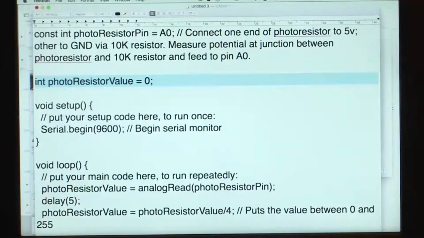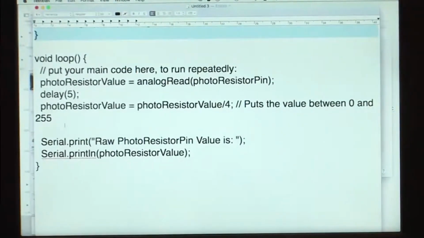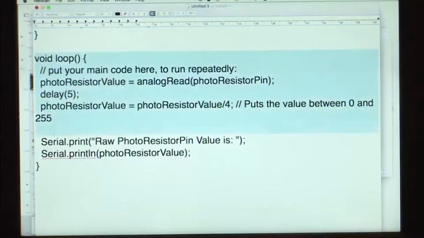Now, let us look at the void setup. Void setup is run only once. Here we have set Serial.begin(9600), that is, we have begun the serial monitor. It will take the values from the input or this junction and then show them on our computer. Next we have the void loop section. This section runs again and again indefinitely.